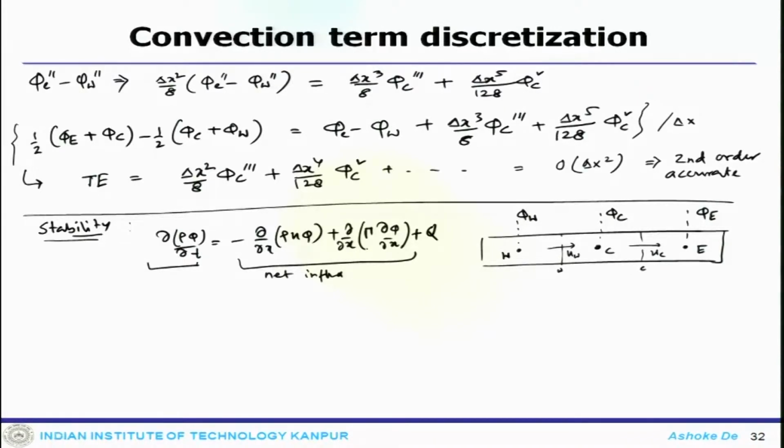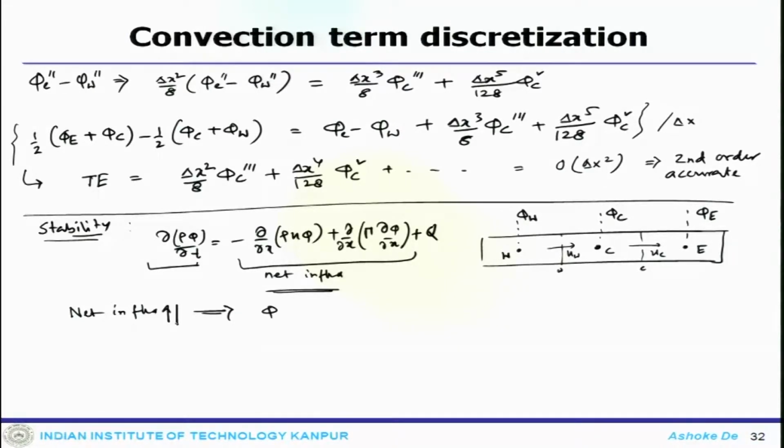Now, in an unstable scheme, a small deviation from the correct value of phi c gives a corresponding increase or decrease in the net influx at the right hand side. So, when an iterative procedure is used as a part of the solution mechanism, an increase or decrease in the net influx will further increase or decrease the value.